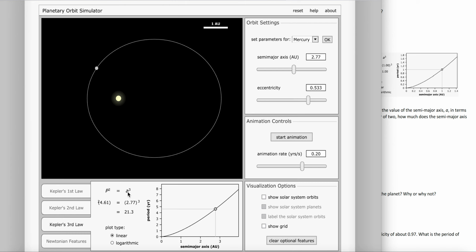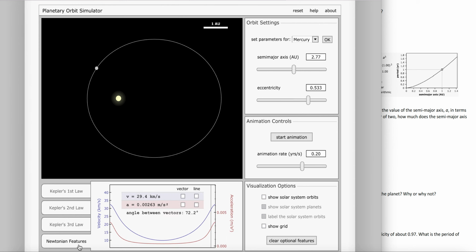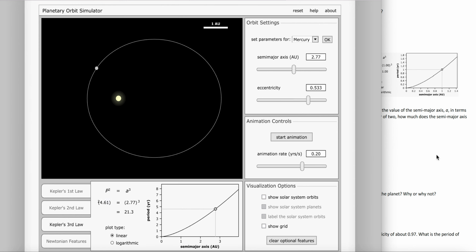But it wouldn't work for another system, say the moons around Jupiter or Saturn. There you need Kepler's law synthesized with Newton's universal law of gravitation and second law of motion, which is F equals ma, by the way. You synthesize those with Kepler's third law and you get Newtonian features. But we'll leave that out for now.